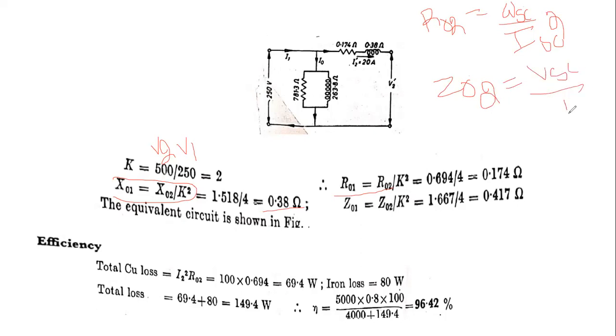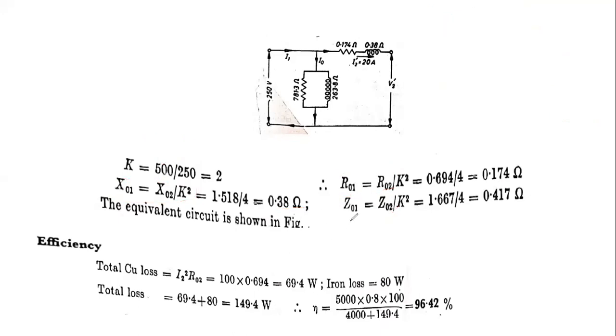While calculating that K value, we easily obtain the R01 and Z01. Therefore R01 is equal to R02 by K square and Z01 is equal to Z02 by K square. We remember those formulas.